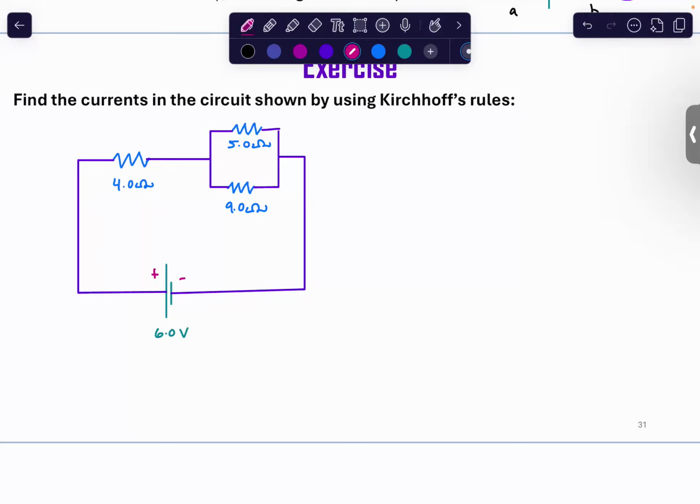Now, which way is your current going to run? Yeah, so your current's going to run like this. We're going to call that I1, because in here at the junction, it's going to split that way. I2 is going to go up and across the top. I3 is going to go down and across the bottom.